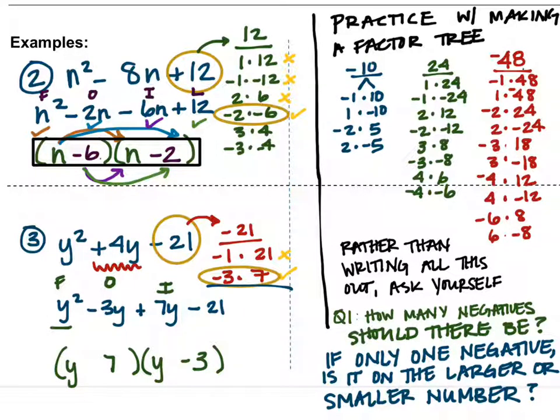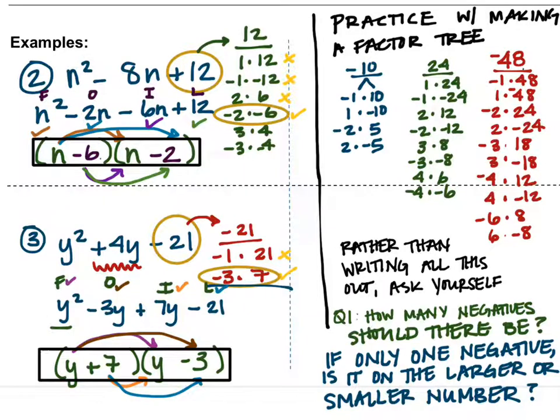So I'm going to write negative 3 and positive 7 inside there. And when I take a look at this FOIL method to check myself, I multiply the front terms, the inside terms, the outside terms, and the last terms. And in fact, that works for me. I have a couple more examples to work with. So please flip the page to the extra examples sheet.